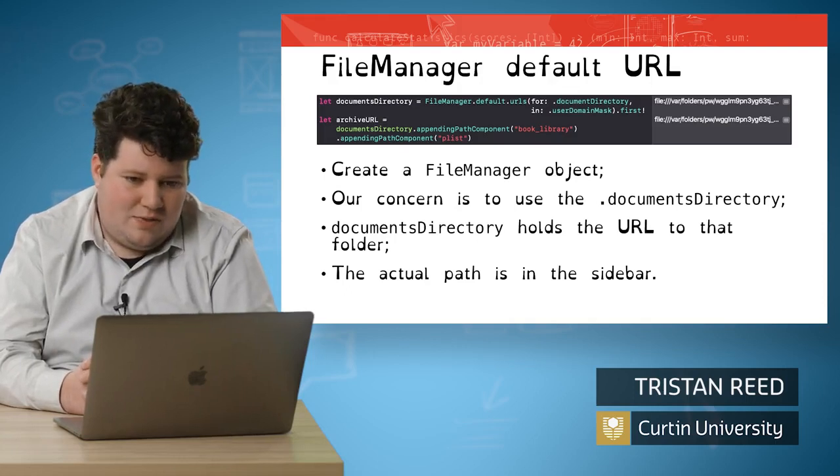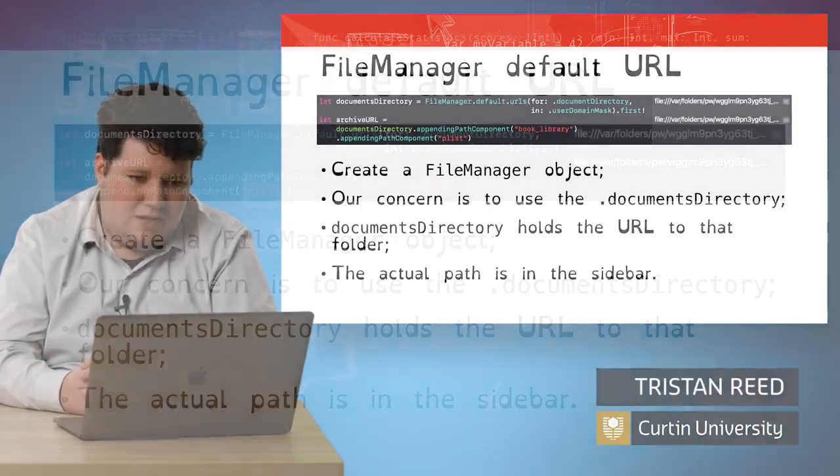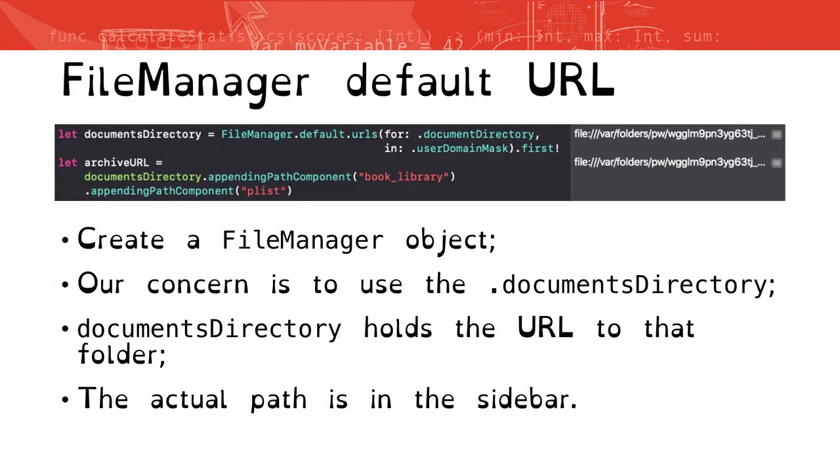What we're doing here is we're creating a File Manager object, and our concern is we want to look at the Documents directory. So we access the .documents directory property, which we use in a call to filemanager.defaults.urls. So documentsDirectory holds the URL to that folder, and we can actually see to the right there the actual path in the sidebar where it has that generated sort of different string for the Documents directory.